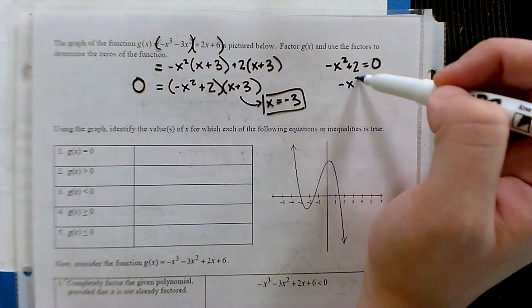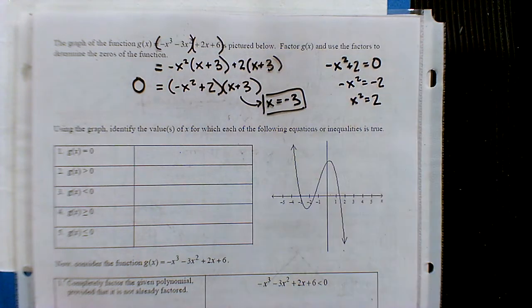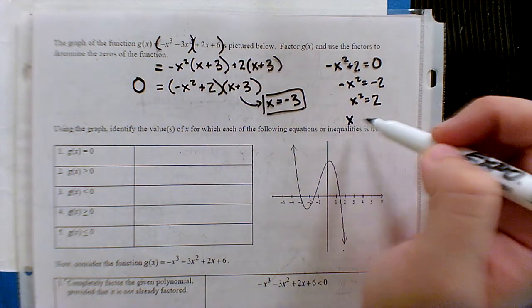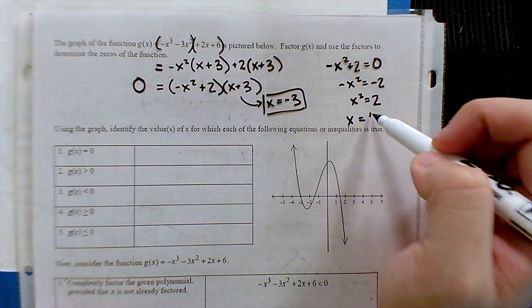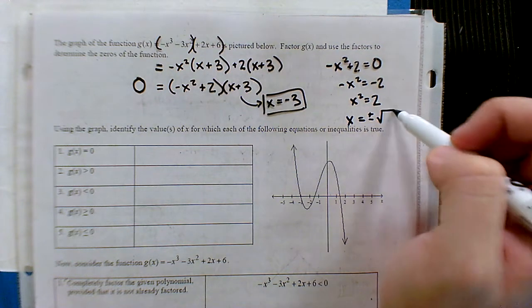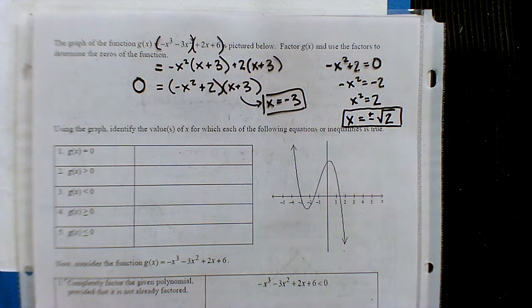If we subtract the 2, divide by the negative, how do you get rid of a squared? Square root. Whenever you take the square root of both sides, you need that plus or minus in there. You're developing 2 solutions.